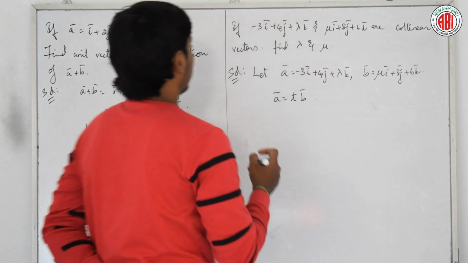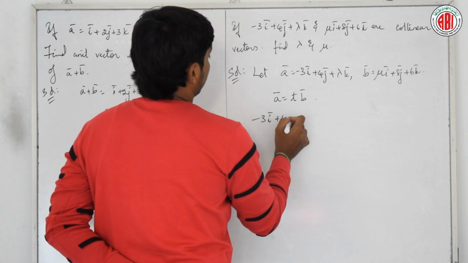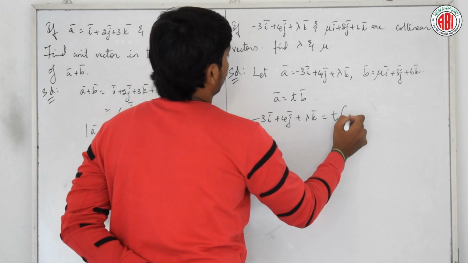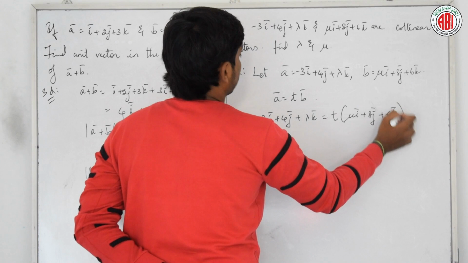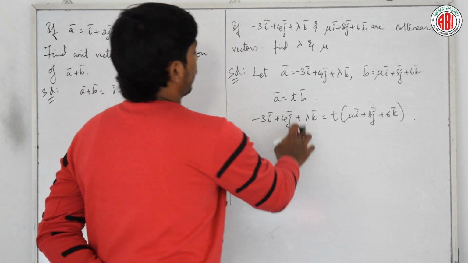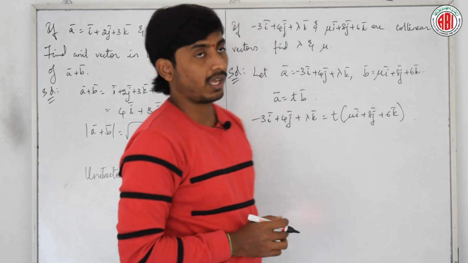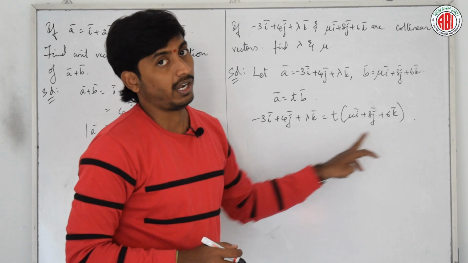Now see here, minus 3i plus 4j plus lambda k is equal to t into mu i plus 8j plus 6k. Before finding the values of lambda and mu, I have to find the value of t. Check in which coordinate t can be found. The j coordinates.